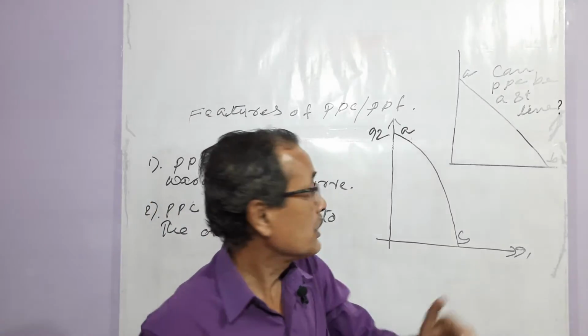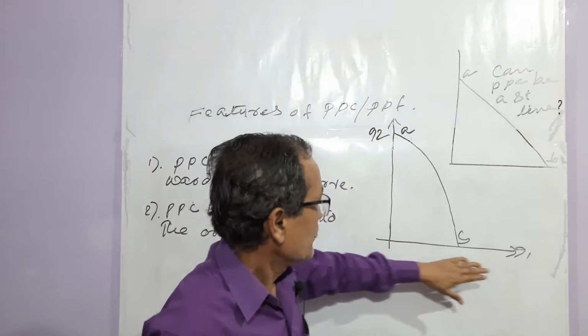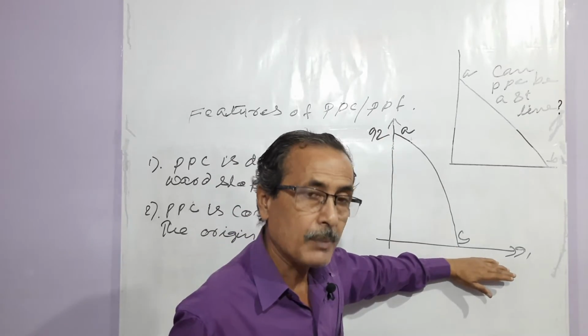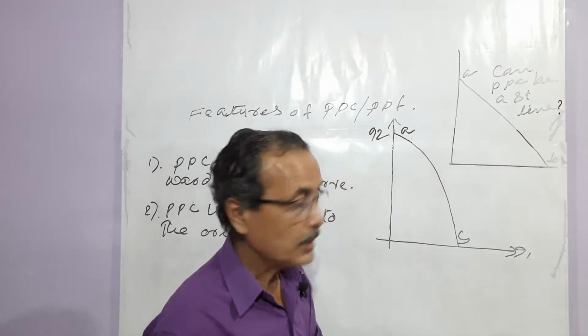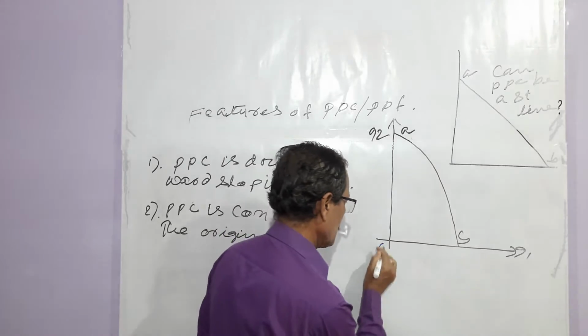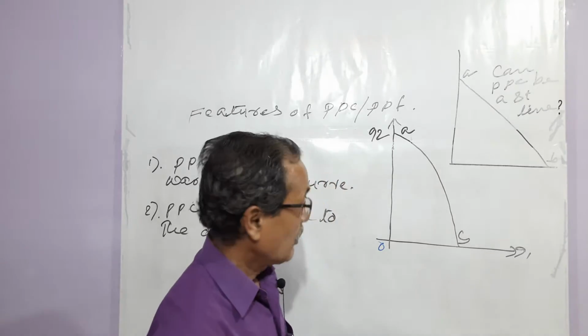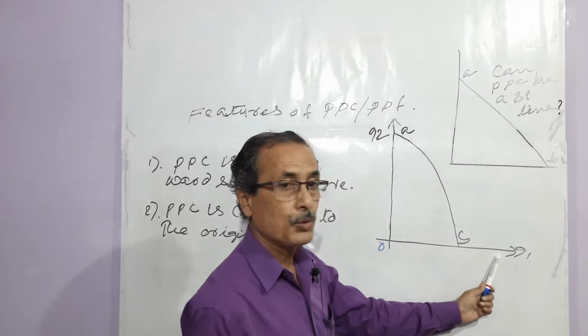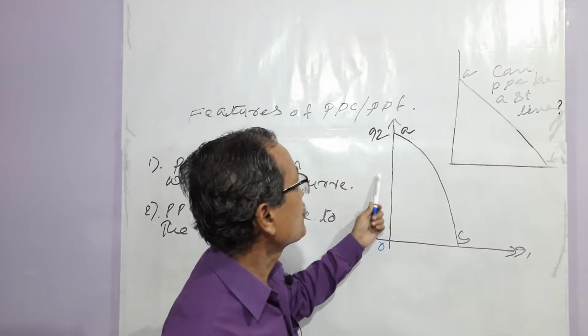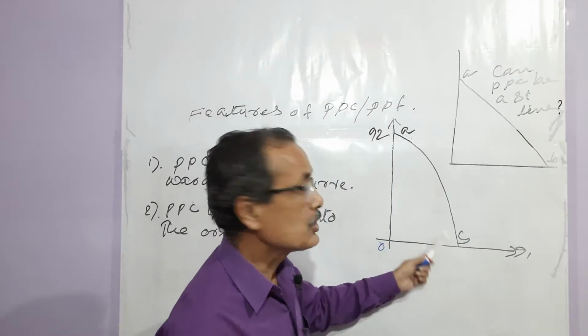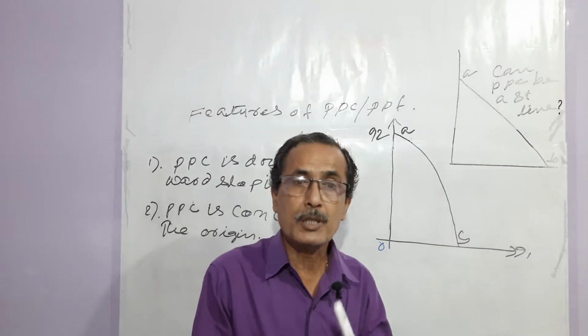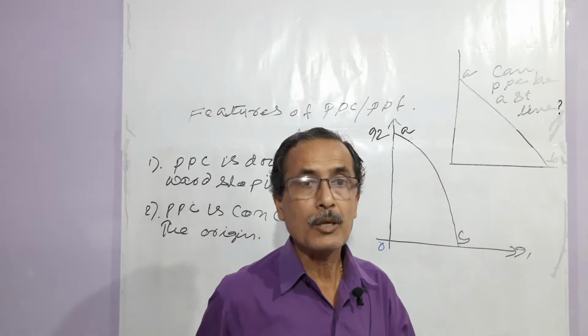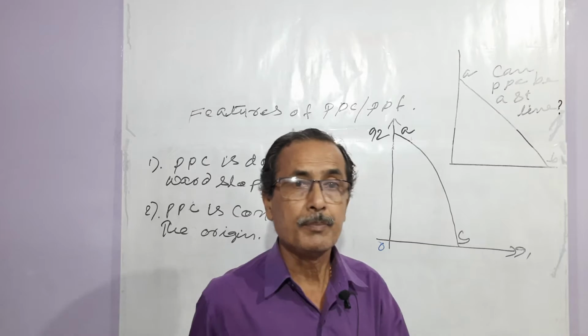Downward sloping curve means, look, horizontally I have taken good 1, vertically I have taken good 2. This is 0. Horizontally measure good 1, and vertically good 2. AB is your production possibility curve, PPC or PPF.